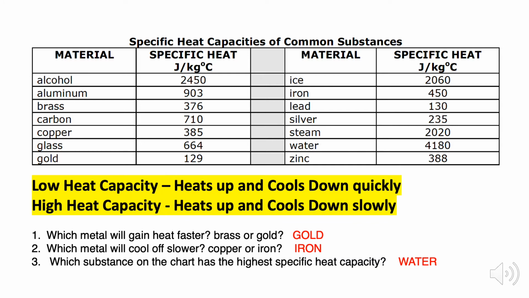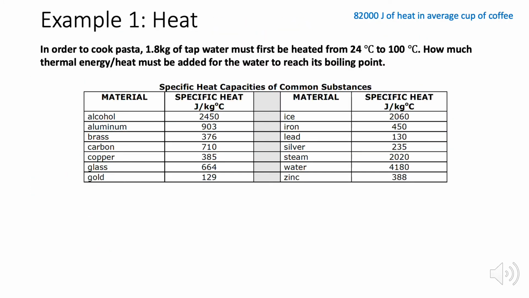All right, now let's jump into some examples of heat transfer using the Q equals MCΔT equation. In order to cook pasta, 1.8 kilograms of tap water must first be heated from 24 degrees Celsius to 100 degrees Celsius. How much heat or thermal energy must be added for the water to reach its boiling point?